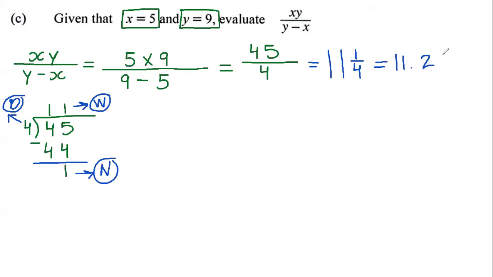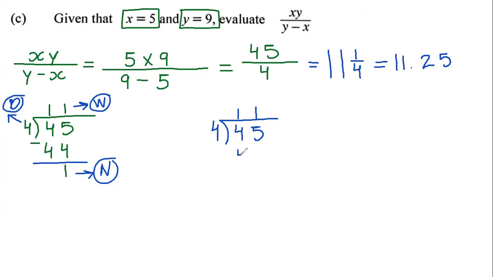If you want me to show you the division for the decimal, 45. 4 into 4 is 1, so 11.